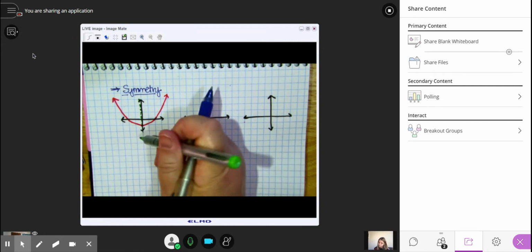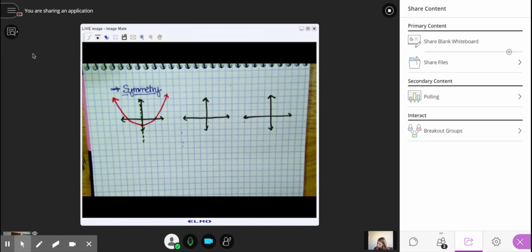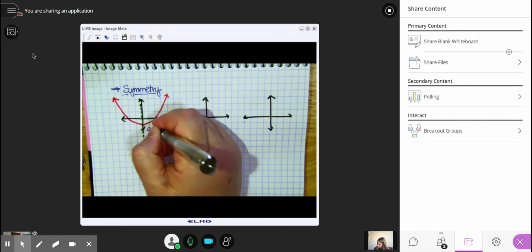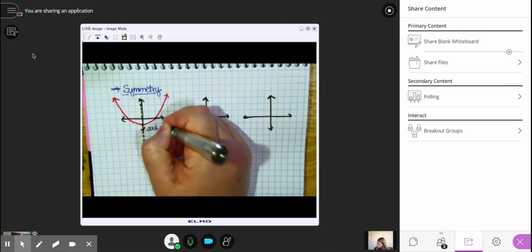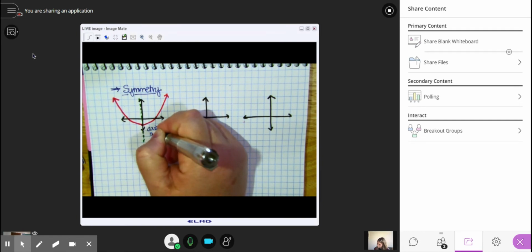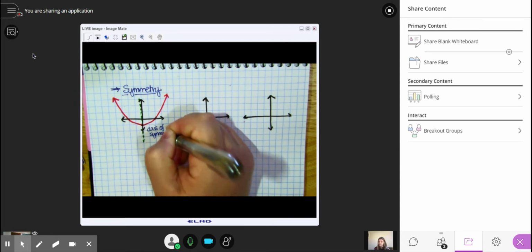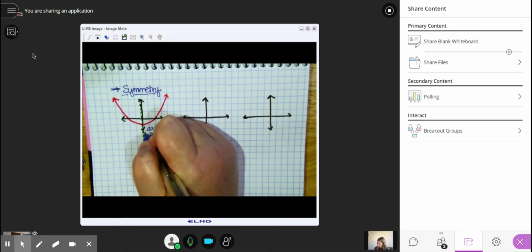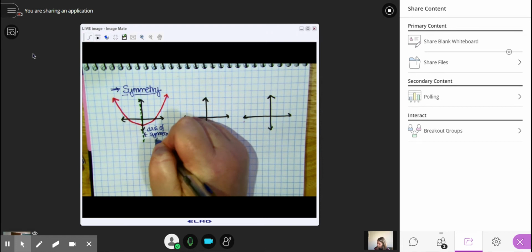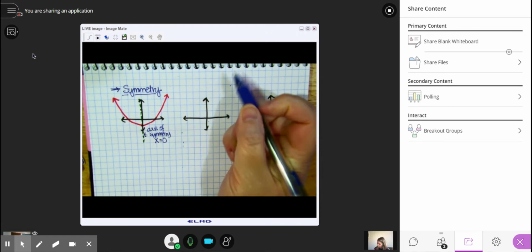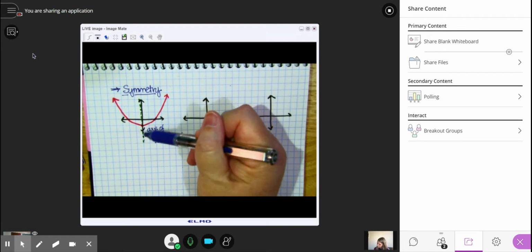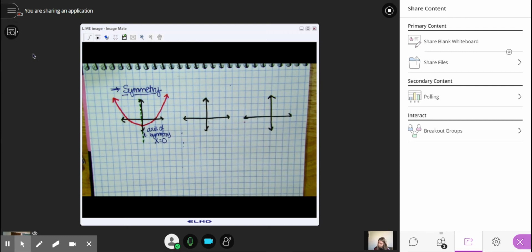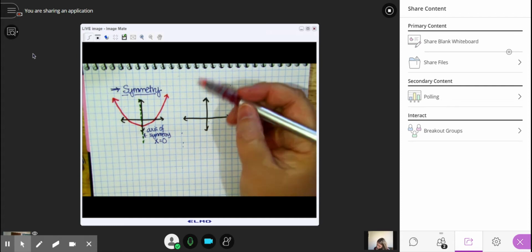This is known as your axis of symmetry. And in this case, it is at x is equal to 0. It never moves off the y-axis, so our axis of symmetry would be at x is equal to 0.